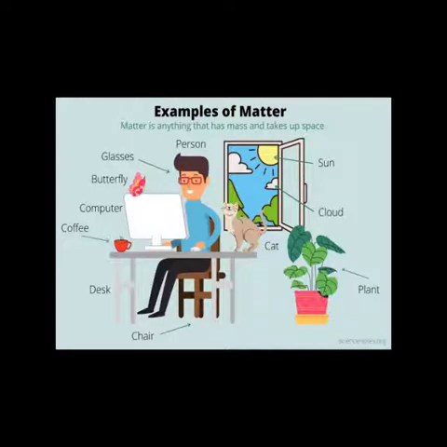All the things that we are talking about in this picture, that is glasses, butterfly, computer, coffee, desk, chair, person, cat, all these things have their own weight or mass and they occupy space, right? So all these things which we can see in the picture are called matter. Even the air that we see around us is also made up of matter.